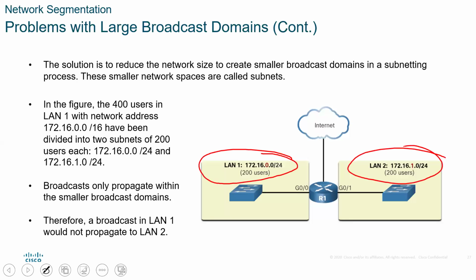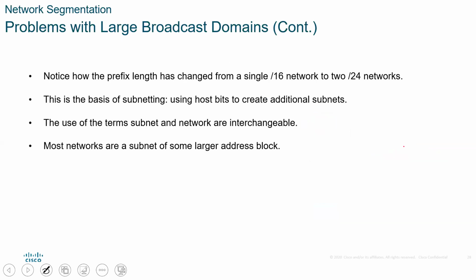So it's broken down into two /24 networks. How did they get this? Don't worry. When we come to talk about subnetting, we're going to face that squarely. So notice how the prefix length has changed from a single /16 network to two /24 networks. This is the basis of subnetting, using host bits to create additional subnets.